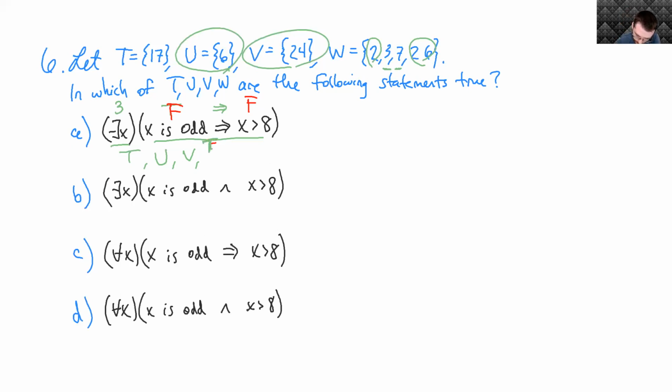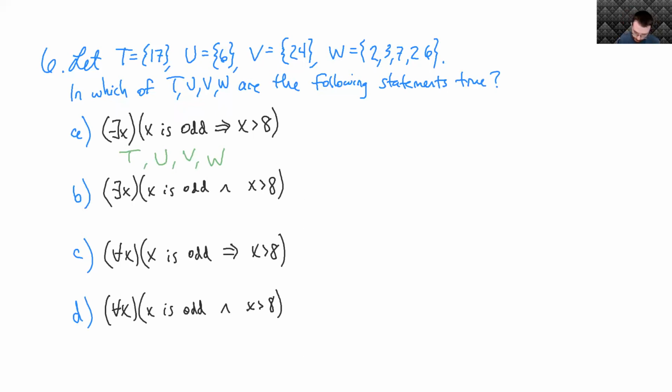And so weirdly, W also works, even though W contains no odd numbers greater than 8. It's still satisfied. Weird. So you really have to think these things through in detail. Sometimes, don't trust your intuition. Whoops, shouldn't have erased all that. It's 2, 3, 7, 26.